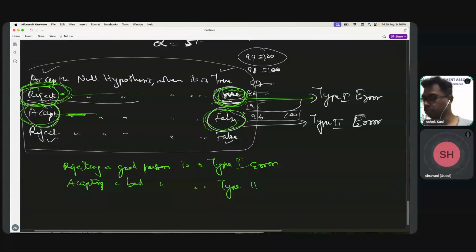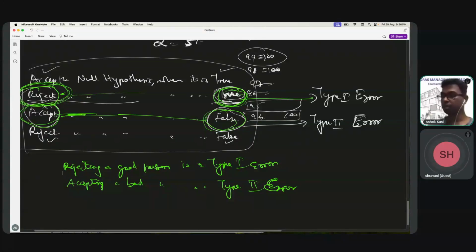But both are errors only. But which one is more dangerous? In type 2, the HR will also have regret of not choosing the right person, and then the whole team will get affected. So type 2 is more dangerous, because one wrong person can spoil the entire team.